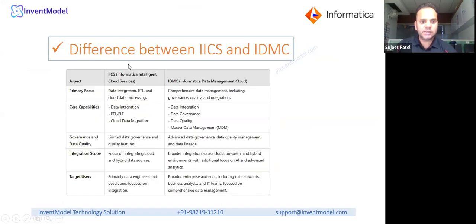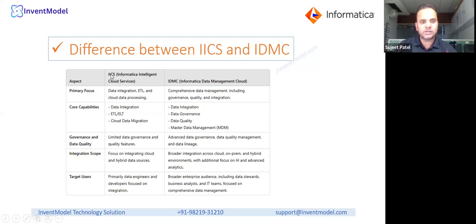Now the next agenda is, let's try to understand the difference between IICS and IDMC. So IICS stands for Informatica Intelligent Cloud Services and IDMC stands for Informatica Data Management Cloud Services. Okay. Primary focus, data integration, ETL, and cloud data processing. So this is basically what we use for data processing and ETL work.